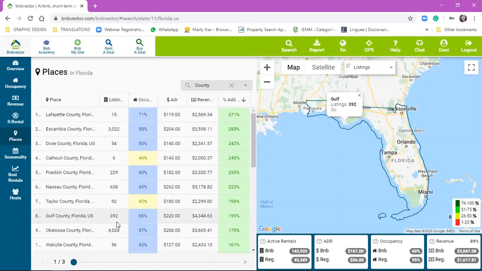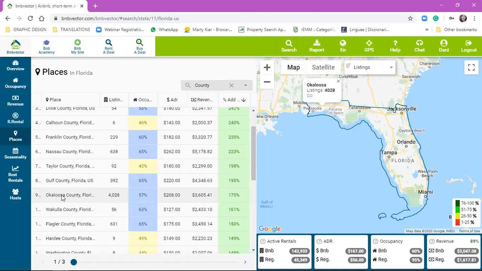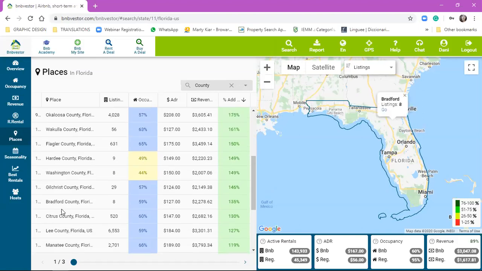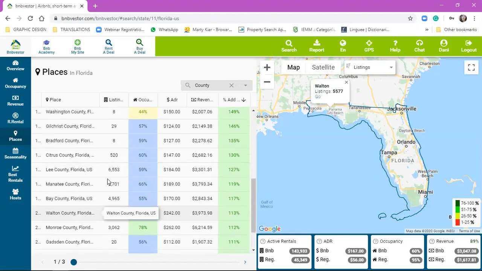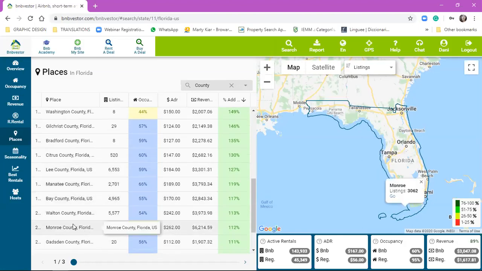But if we scroll a little bit lower, Okaloosa can also be a county that we can take into consideration, as well as Lee, Bay, and Monroe would be some of the first counties that I would analyze to start investing in BNB.